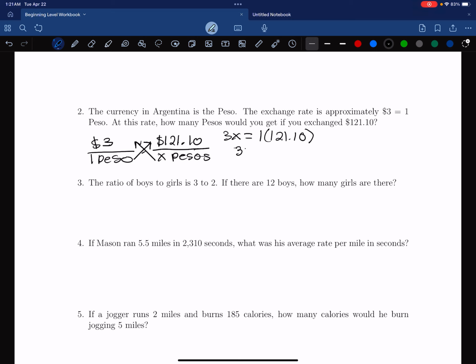In other words, we just get 3X equals 121.10. And then to solve for X, we're going to divide by 3 on both sides. So you're going to get X equals approximately 40.37 pesos.